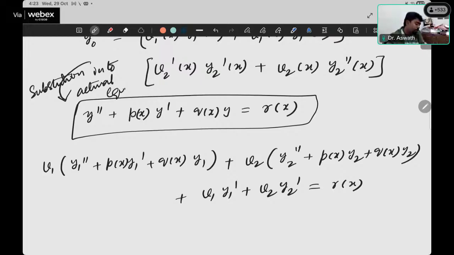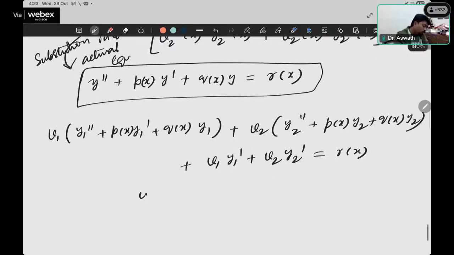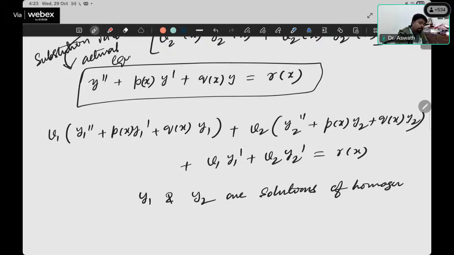By the way, y1 and y2 are solutions of the homogeneous part. What is the homogeneous part? Homogeneous part is y double dash plus p into y dash plus q into y is equal to 0.